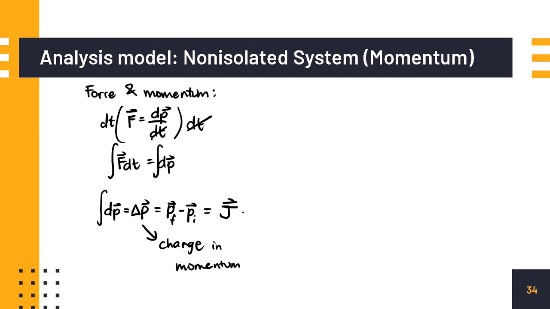So this symbol right here is what we now call impulse. Let's rewrite our equation on this side: J, impulse, is equal to change in momentum. This is our first equation.